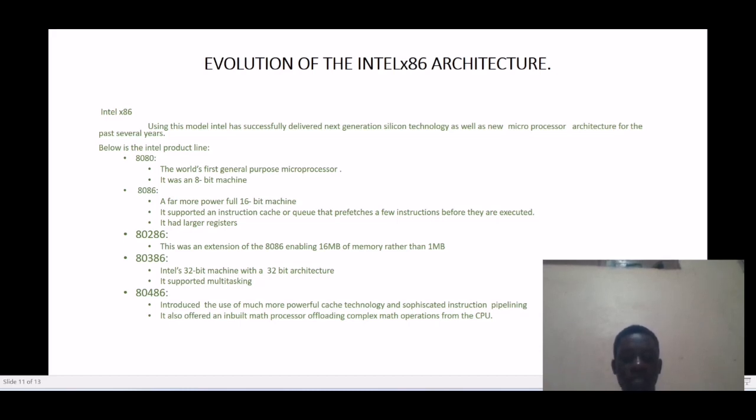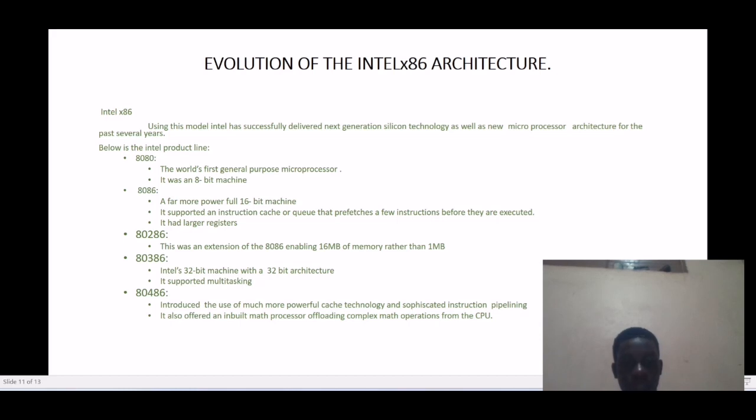This was an extension of the 8086, enabling 16 megabytes of memory rather than the 1 MB of memory. The 80386, Intel's 32-bit machine with a 32-bit architecture. It supported multitasking.